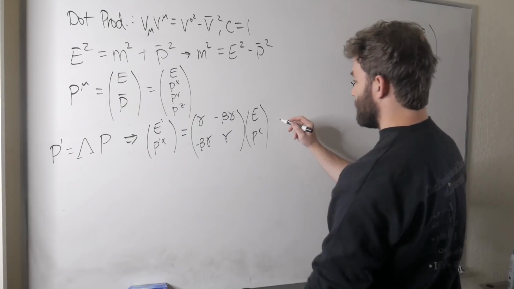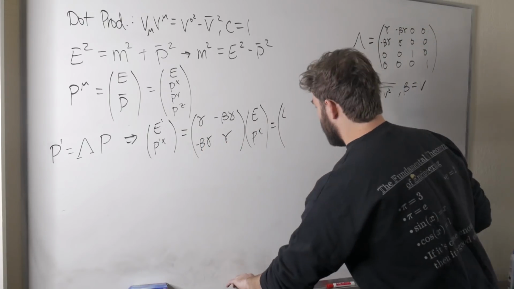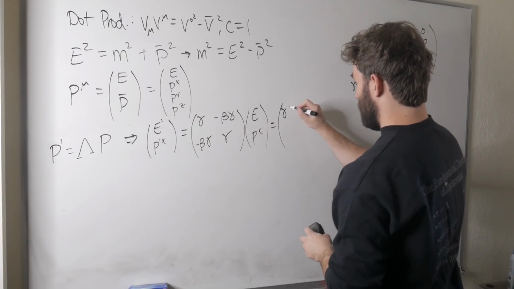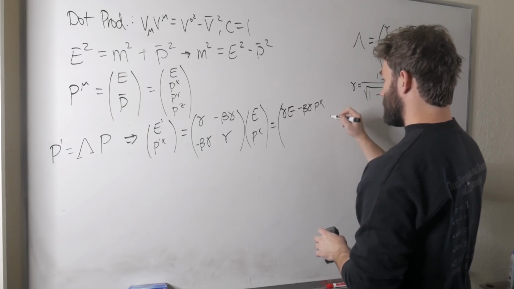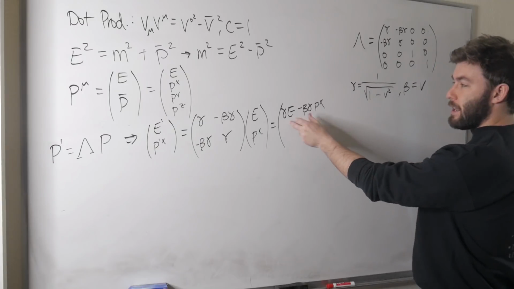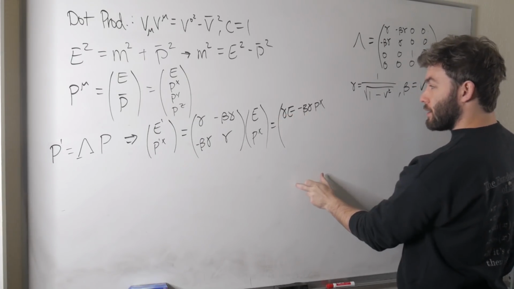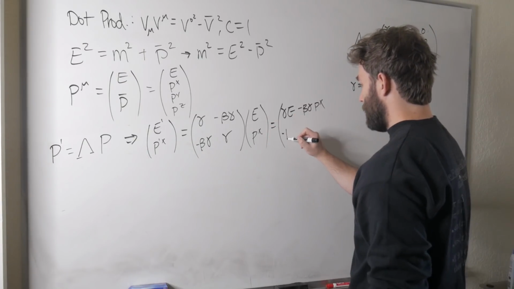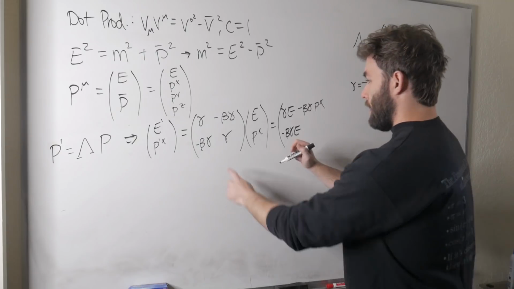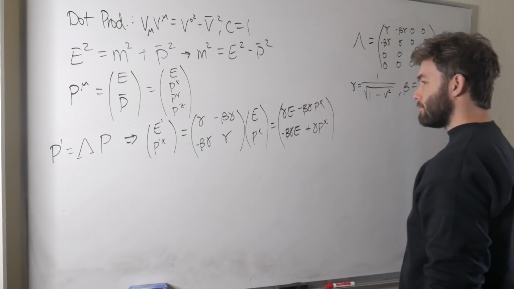If we do the matrix multiplication, this is just equal to gamma E minus beta gamma px. This is not to be read as two different components of a matrix. This is the first component of a vector, okay? Then we have minus beta gamma E and gamma px.